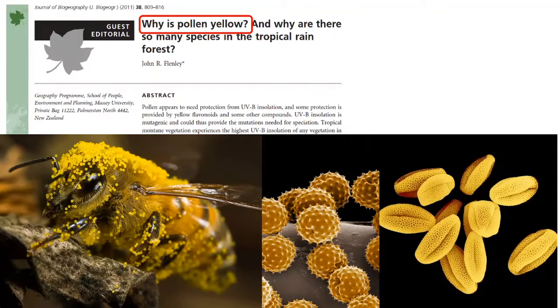In this slide, I would like to stress that pollen grains are usually yellow, brownish, yellowish in color, and that is why they contain carotenoid elements inside them, and this specific compound helps to protect against UVB insolation, so basically from the degradation due to the sunlight or light waves.